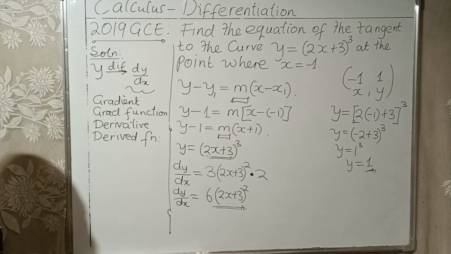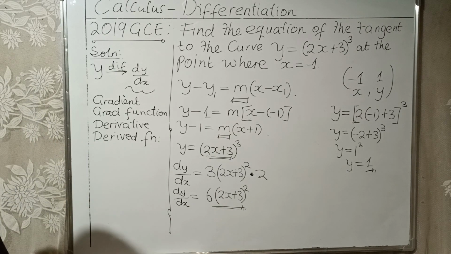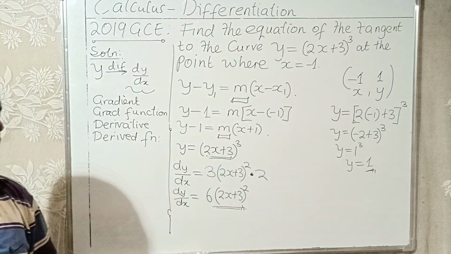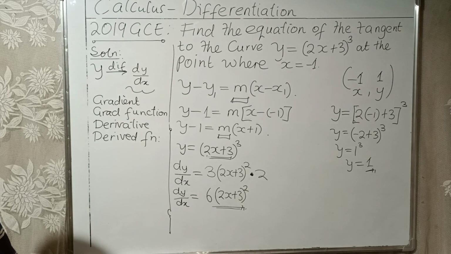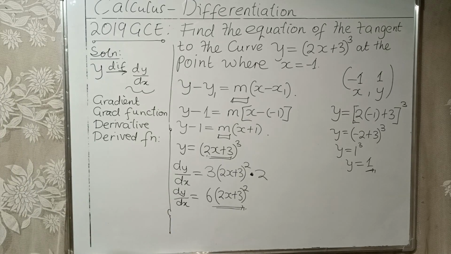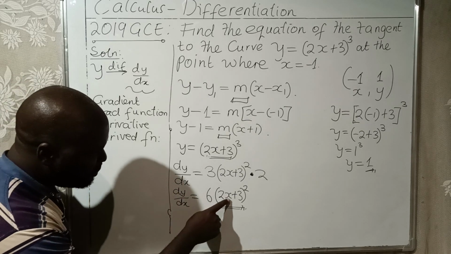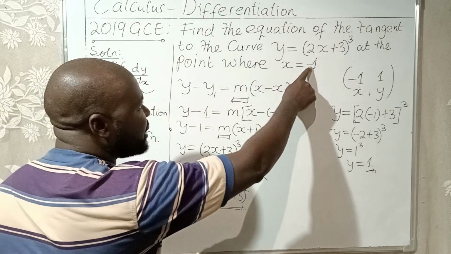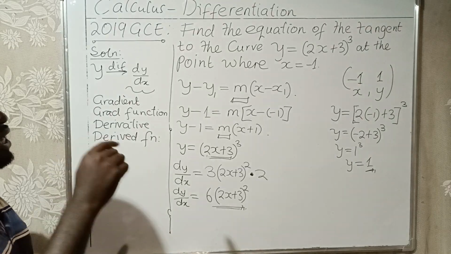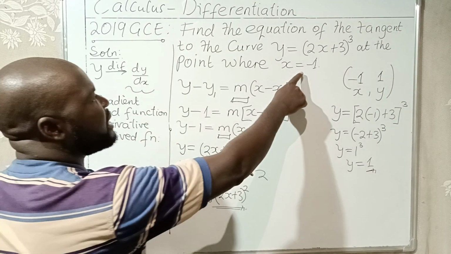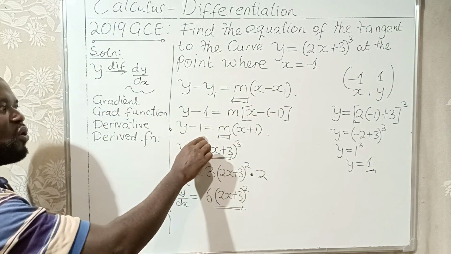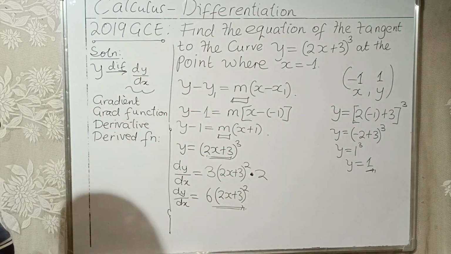It means we need to use this gradient function now to get the gradient at x is equal to -1. So we need now to substitute in our dy dx. We need to substitute for x. We put -1. Since our interest is to get the gradient at x is equal to -1, so that we complete our equation of the tangent.